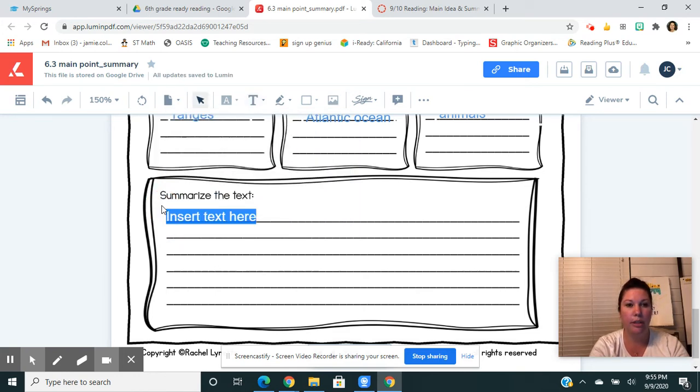Okay. So I'm going to start with my first sentence, which I already wrote because I wrote it in my planning sheet and I wrote it on this planning sheet too.